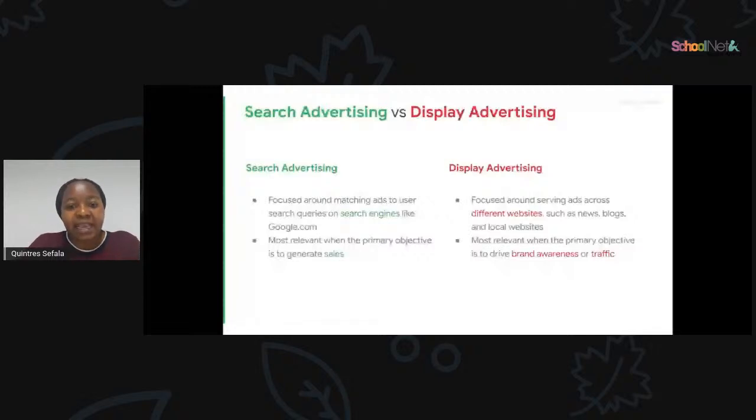But with display advertising, we don't have a clear understanding of what the user is interested in, as we are serving advertising against the content that they are trying to view. For example, an Italian restaurant might want to show a banner ad on the food section of Kenya Times to build local awareness.